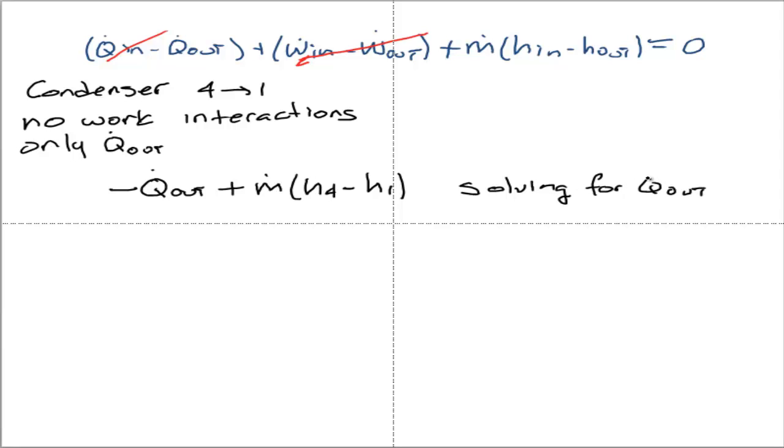Solving for Q out, just to leave it directly, we have Q out equals the enthalpy difference times the mass flow rate. Just let me stress again that mass flow rate is the same mass flow for the pump, the boiler, the turbine, and the condenser. We have a closed system.